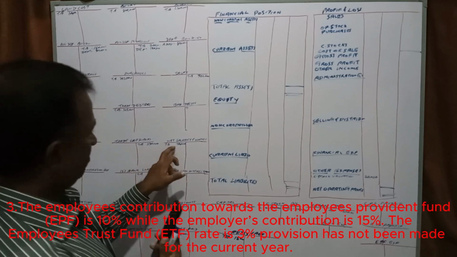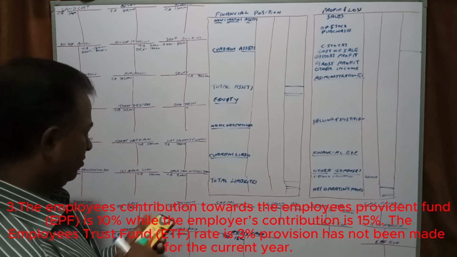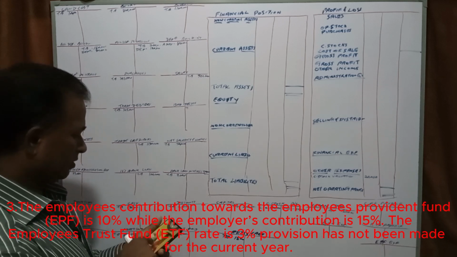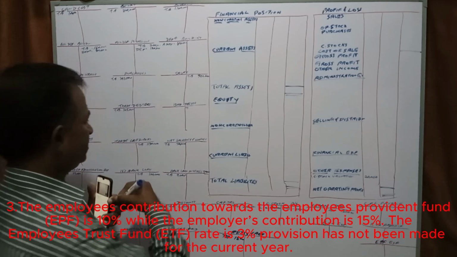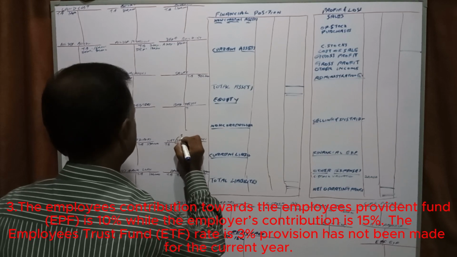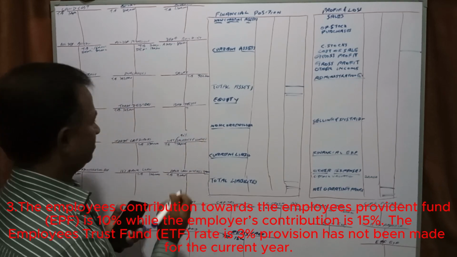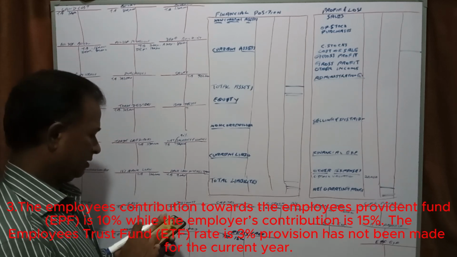Net salaries means we have to make it gross. Net is the 90%, so we have to calculate from the net.